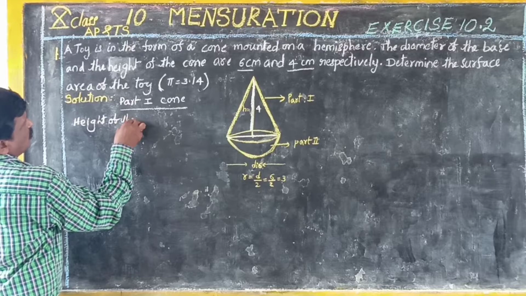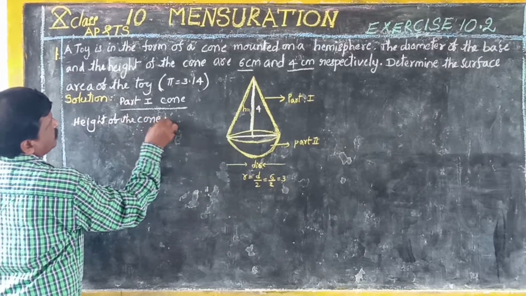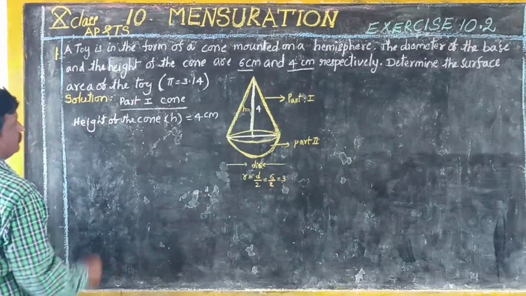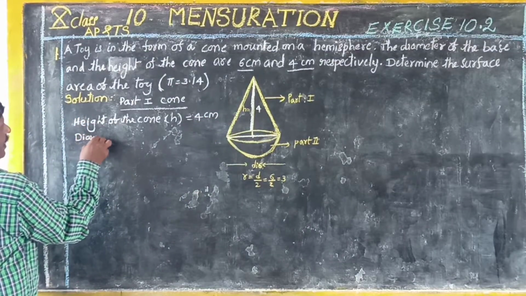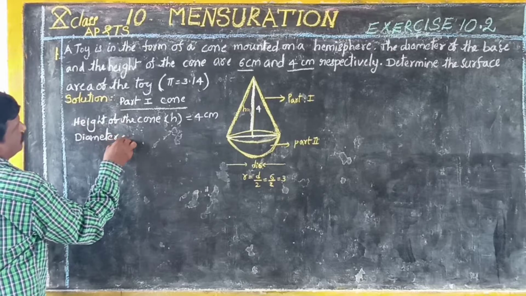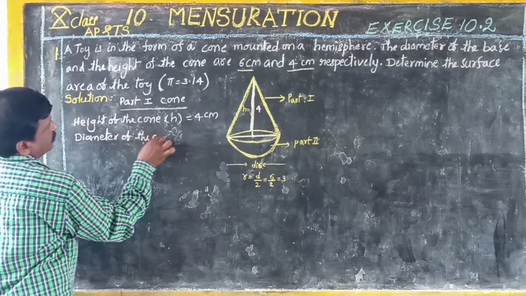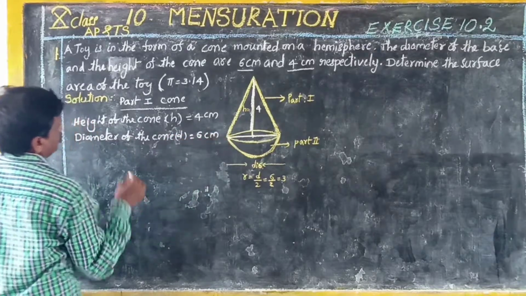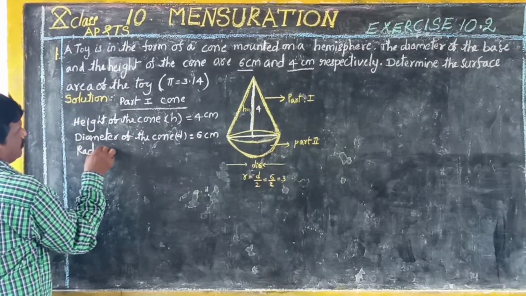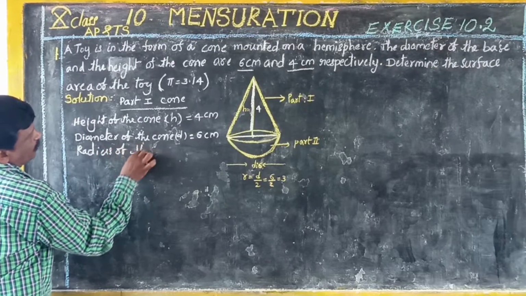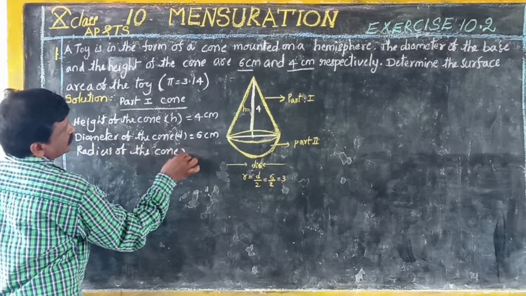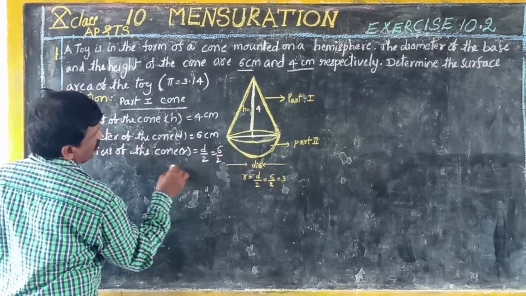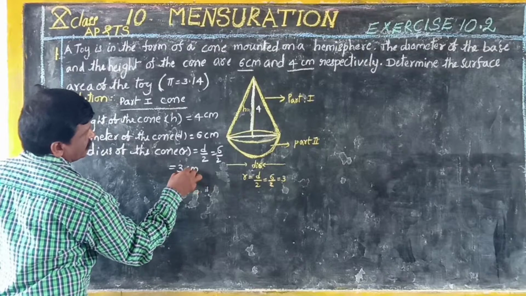Height of the given cone is equal to 4 cm. Diameter of the cone D is equal to 6 cm. Radius of the cone R is equal to D by 2, 6 by 2 is equal to 3 centimeters.